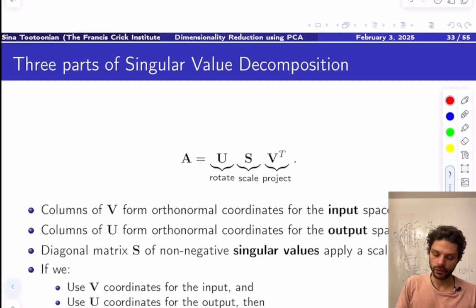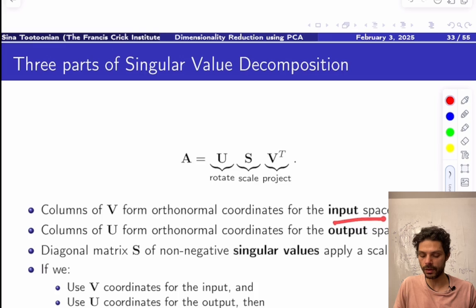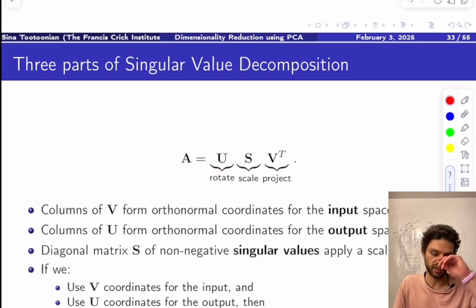So, it turns out the columns of V, so the rows of V transpose, are orthonormal coordinates, which is a coordinate system for the input space. And the columns of U are a potentially different coordinate system. Remember, this could be a completely different output, so there wouldn't even be a question of whether they are the same coordinate system. They wouldn't be talking about the same spaces in general. But these form coordinates for the output space.